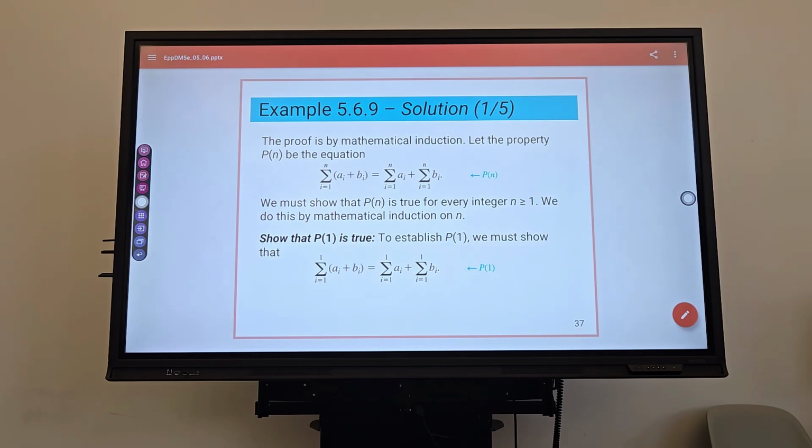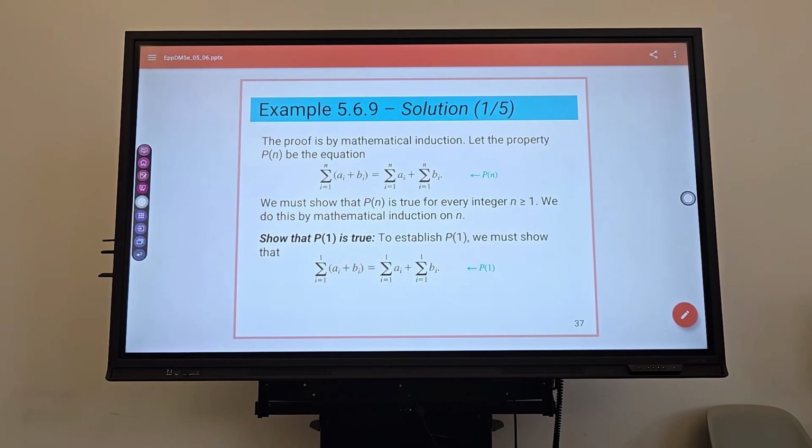The proof is by mathematical induction. Let the property P of n be the equation given. We must show that P of n is true for every integer n greater than or equal to 1. We do this by mathematical induction on n. First, show that P of 1 is true.